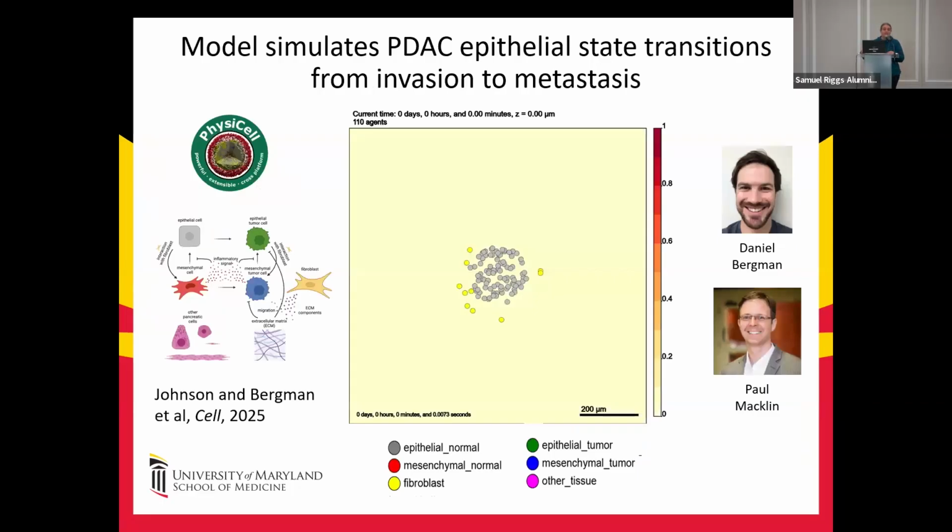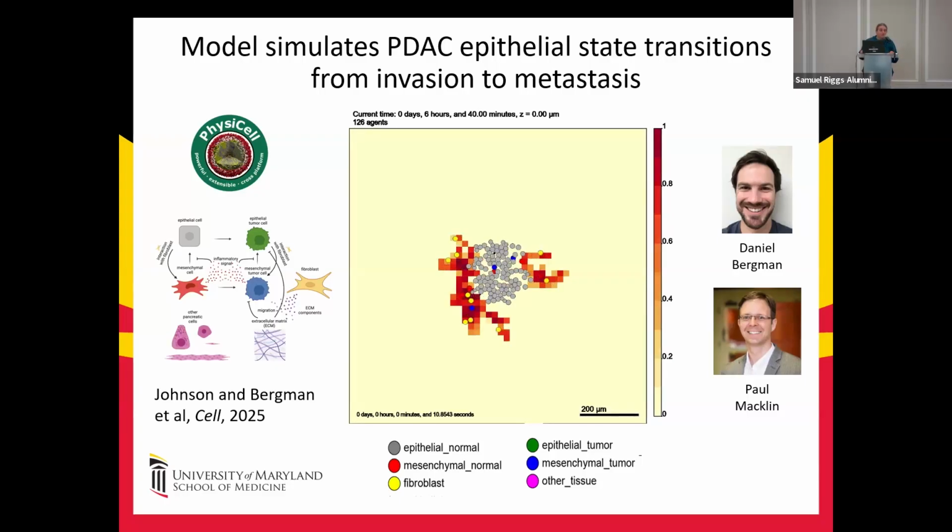So I'm going to now show an example of what this looks like in a model that Daniel initially wrote, where we have the fibroblasts in yellow that are around the tumor, the normal epithelial cells in gray, and then they transition to mesenchymal based on their interactions, which we're hypothesizing is the transition mechanism into the tumor.